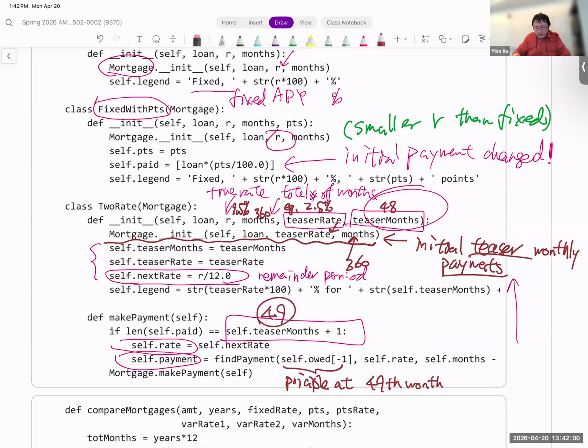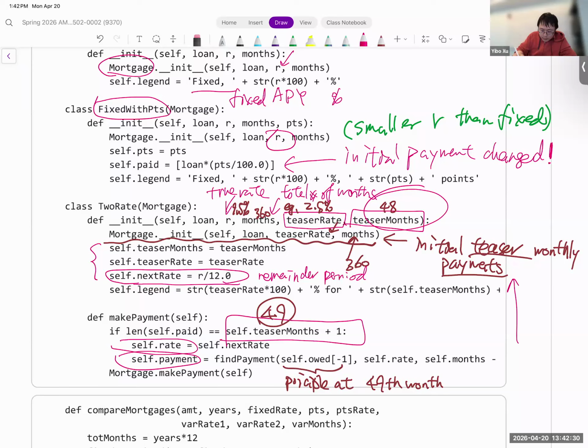Will these parameters be updated? At the 49th month, I'm going to calculate the monthly payment again. That's my monthly payment, and it will stay at that amount for the entire rest of the 312 periods, right? Months.